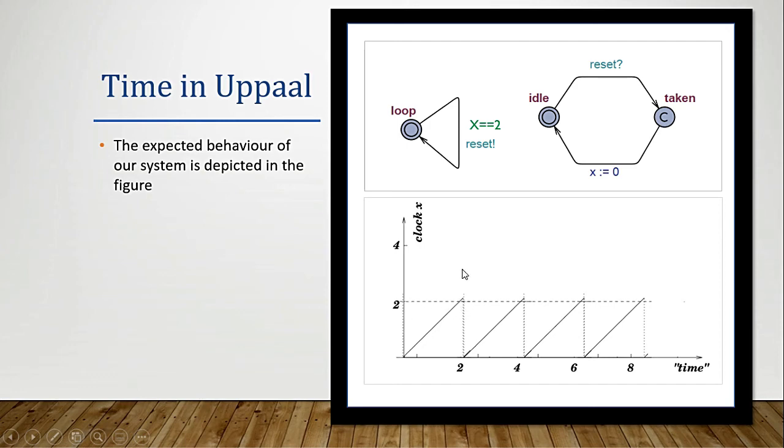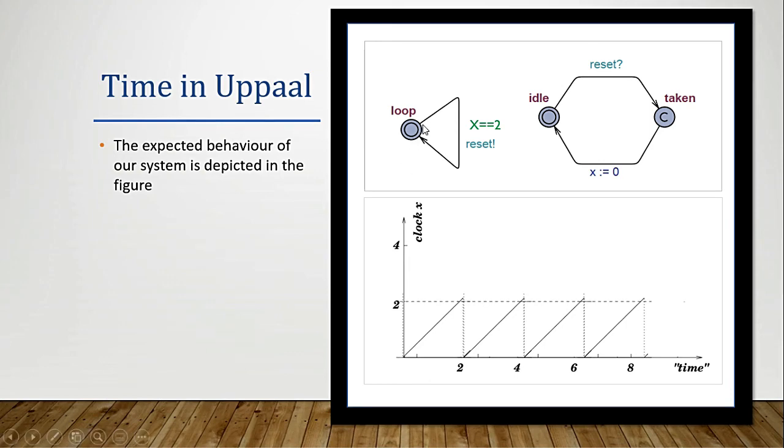Once it reaches 2, it goes to another timed automaton, and in this automaton the time will receive. Here it was depicted that the time is always equal to or less than 2. The time will not go over that.